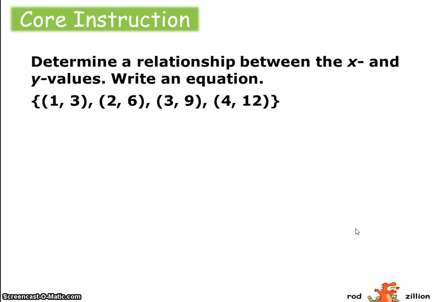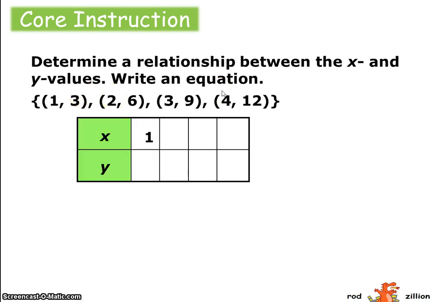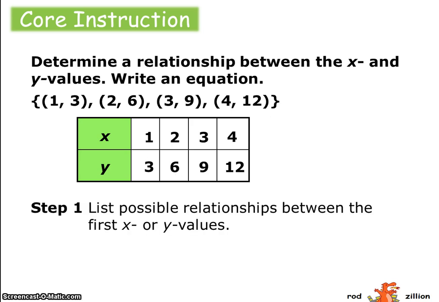Taking a look at a set of ordered pairs, looking at the x values, what happens to x to get y in each of these scenarios? Put in the table, we might be able to see a little bit better. The possible relationships: I could be multiplying x by 3 to get y, or I could be adding 2 to x to get y.